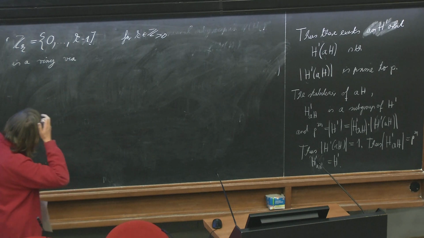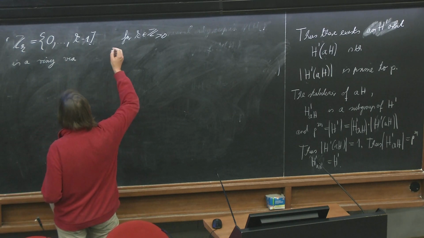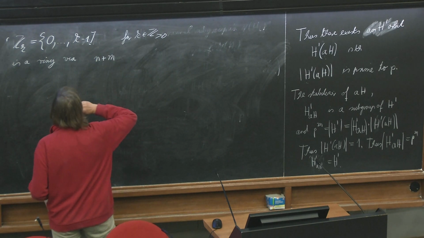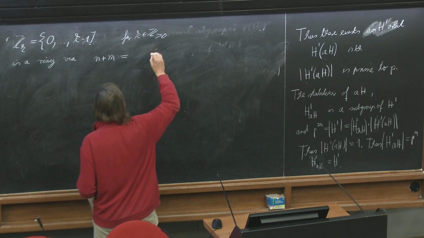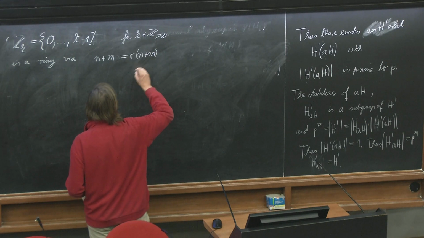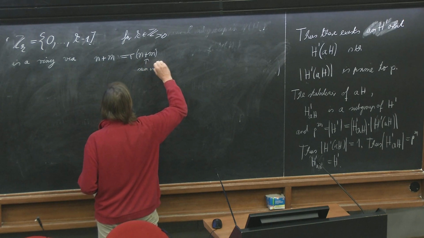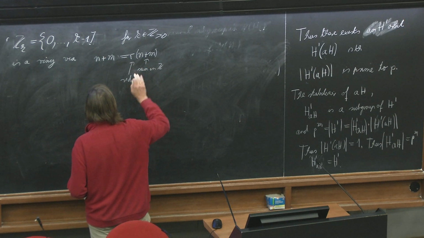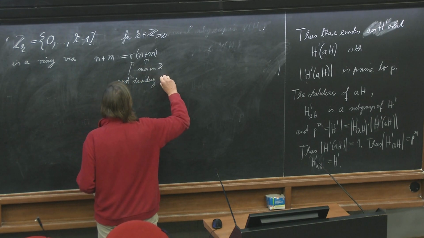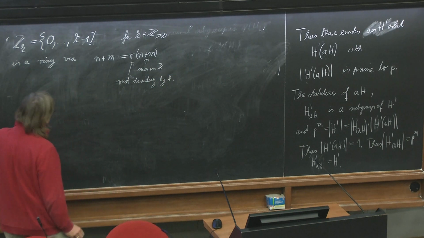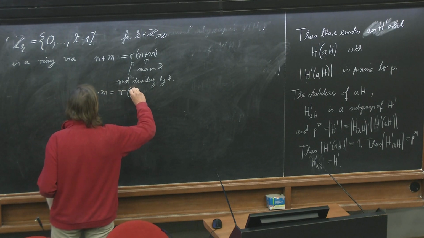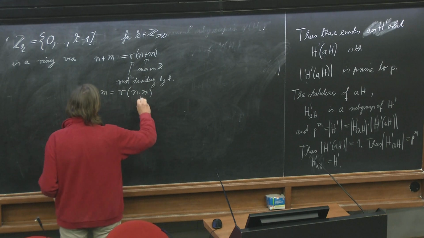We had seen the addition: if I take elements n plus m in this ring, I take the sum in Z and I take the rest dividing by k. And in the same way, we can also multiply: n times m is equal to the rest of n times m, where this is the multiplication.